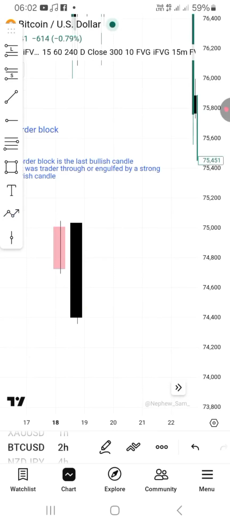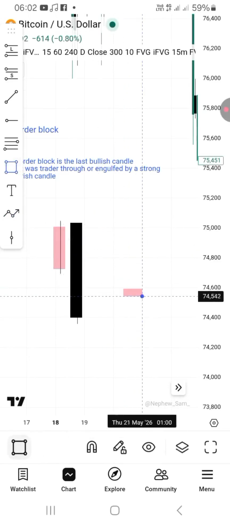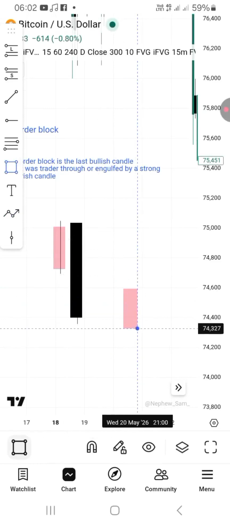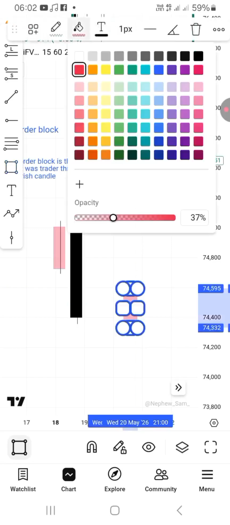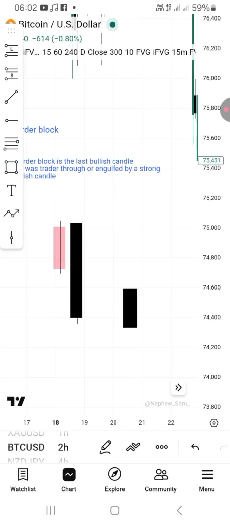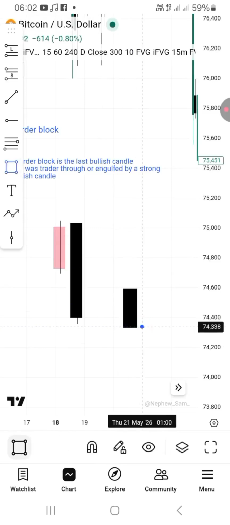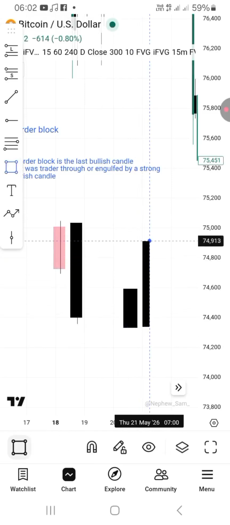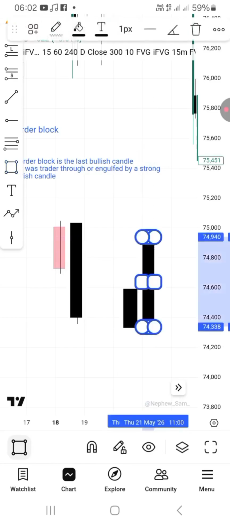So for a bullish market scenario, you will see an order block like this. It's just an inverse of what it is. So this guy is going to be black now because it's a bullish market, and it is traded through by a strong bullish engulfing candle.